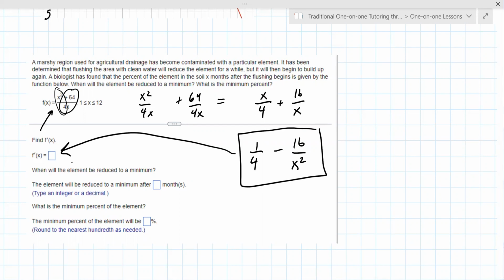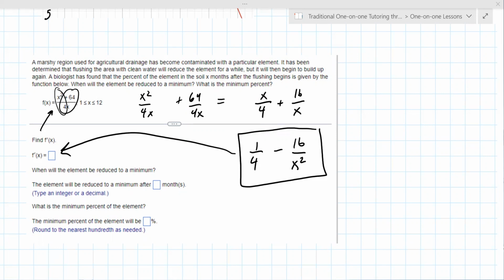Okay, so you get that entered into the space there, but whenever it wants a min or a max, you just graph it, and you can choose to graph the original, which is what I would do, just in case you make a mistake with your derivative. You always go back to the thing that is true. In this case, the original function, and they give you a window. They say from 1 to 12, so that's also important here.